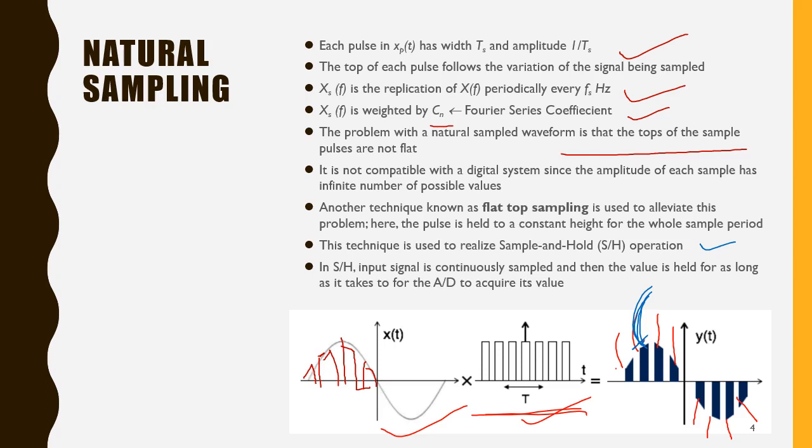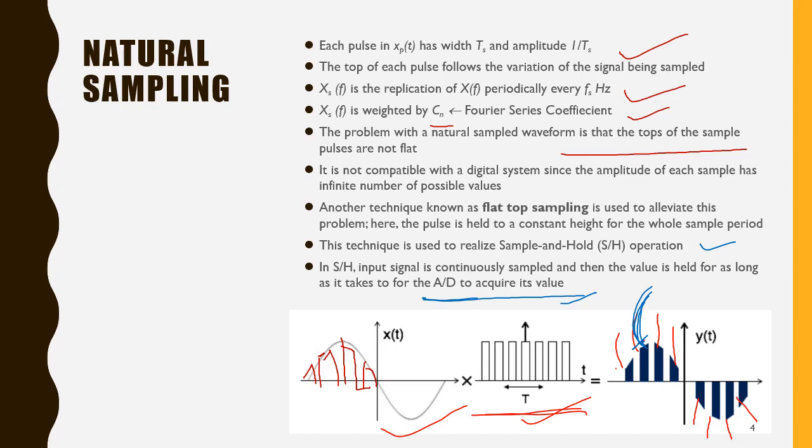The capacitor is responsible for storing the value, and the switch, or the transistor, is responsible for switching on and off. In your sample and hold, the input is continuously sampled and then the value is held for as long as it takes the A to D converter, that is the analog to digital converter, to acquire one single value.